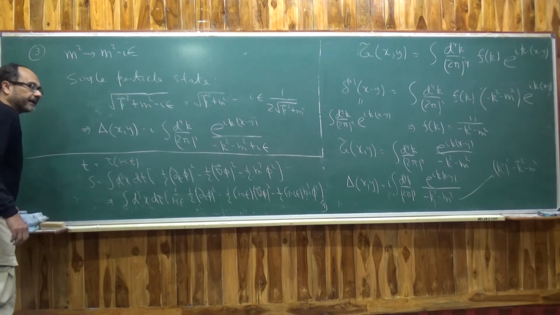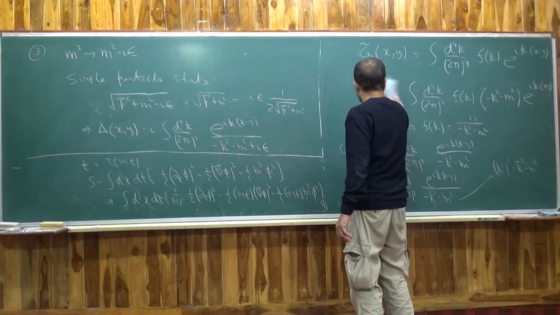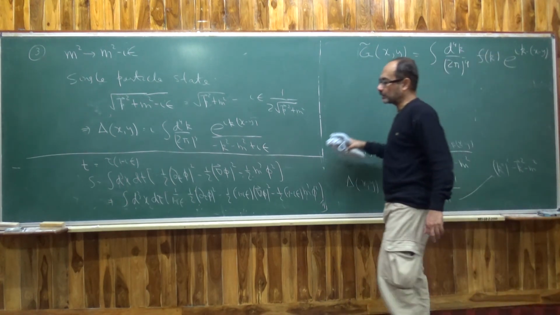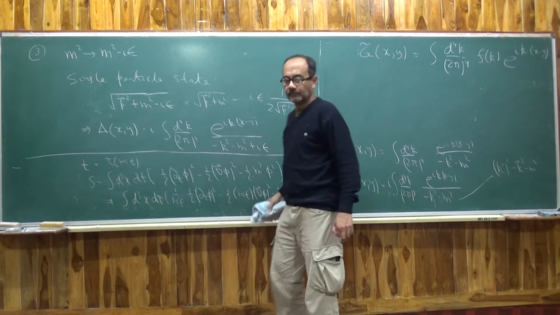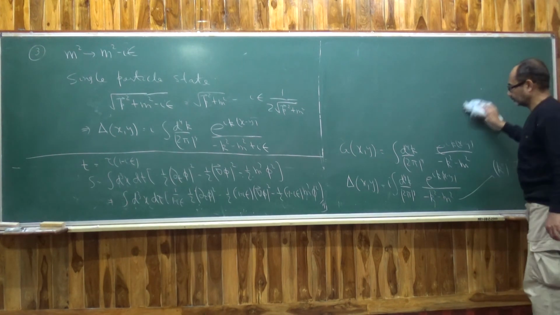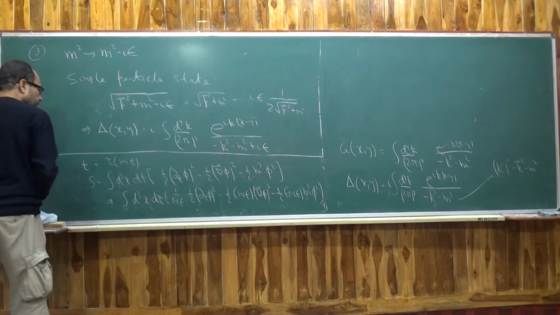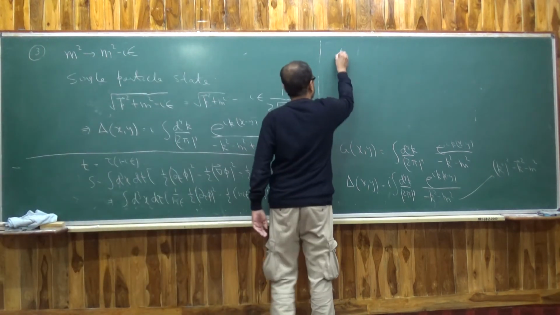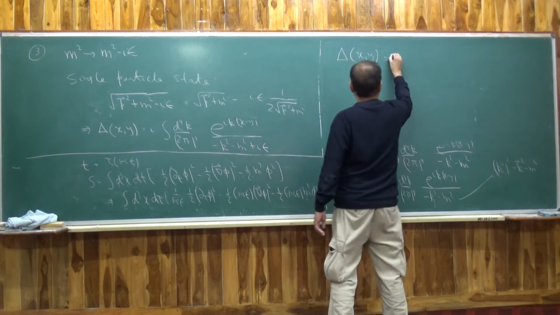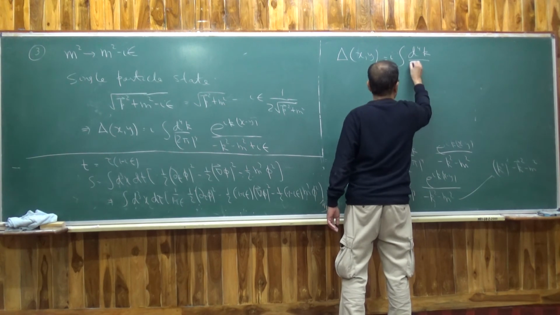So let's see what its effect will be on the propagator. I should have said this delta xy is what is called the free propagator. So delta xy is I integral d4k over 2 pi to the 4.